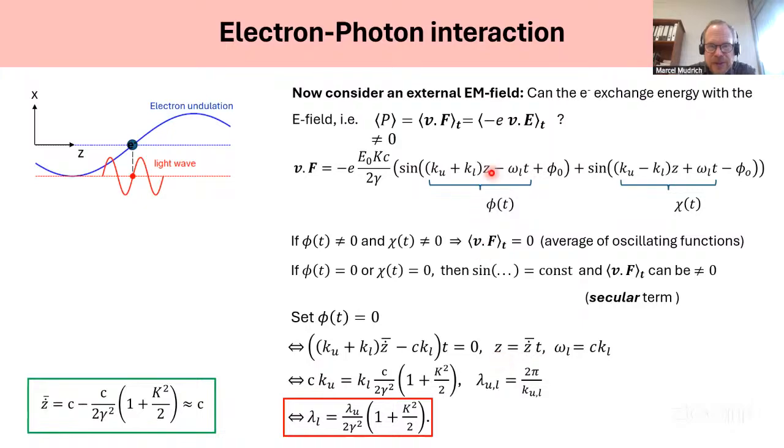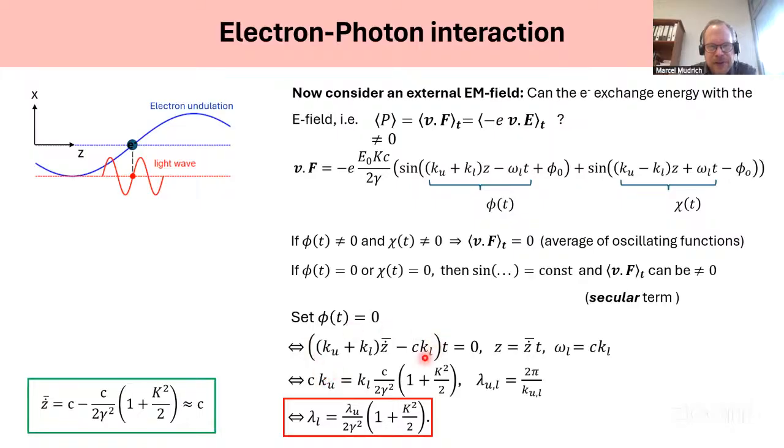Here, we can replace z by average z velocity times t. Then we pull out the t when we set this equal to 0. So either t is 0, but t should not always be 0. t should advance in time. So the parentheses have to be 0.